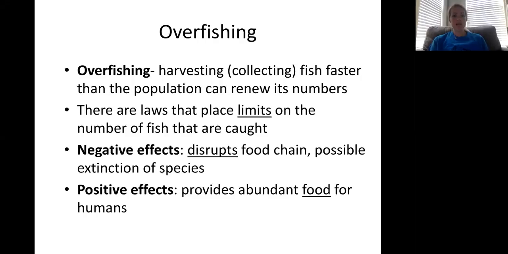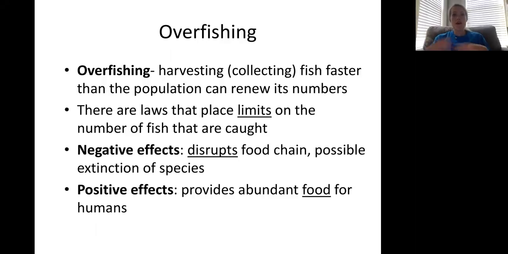So negative effects. If you don't like seafood, it's really not a problem because you don't eat fish anyway, but it is a big problem because if you take a certain type of fish out of the environment, think about what ate that fish or what did that fish eat. So everything is connected.